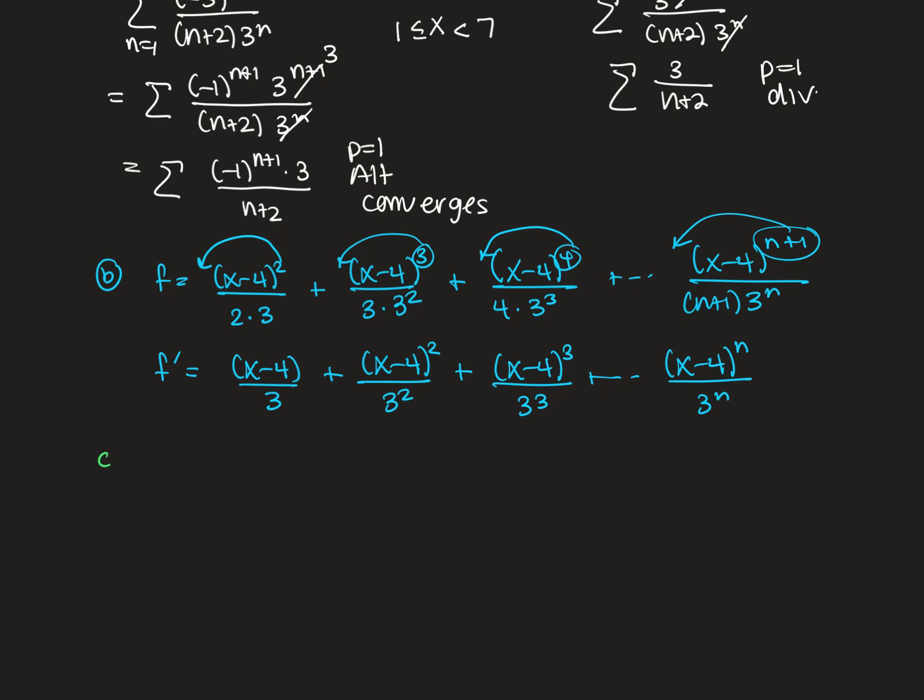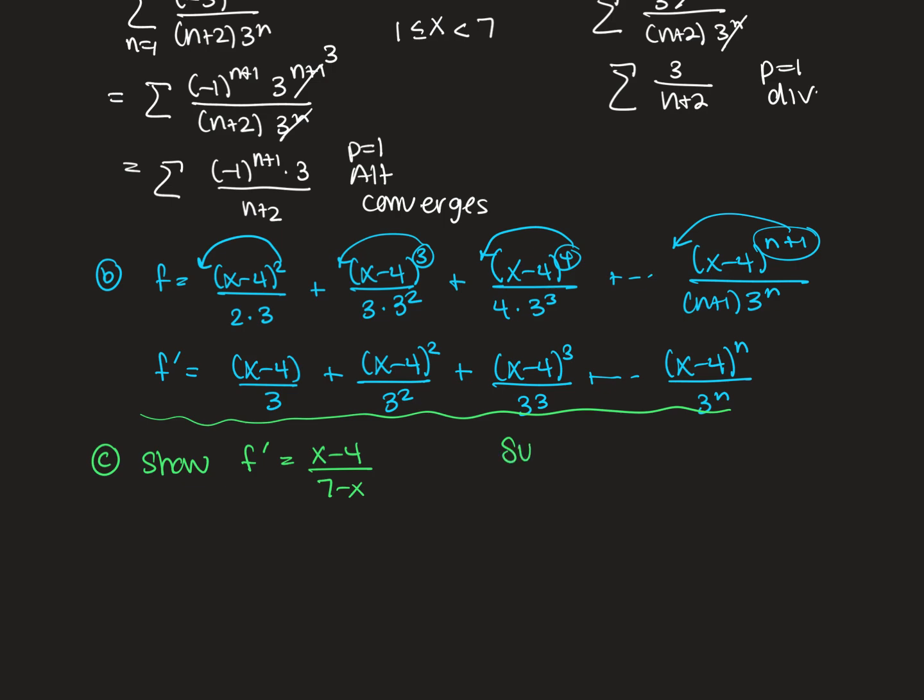Okay, so what we had here is they said that it's a geometric series, and we can see right here this is in fact a geometric series, and they want us to show f prime is equal to (x - 4) over (7 - x). So basically what they did was find the sum of the geometric series.